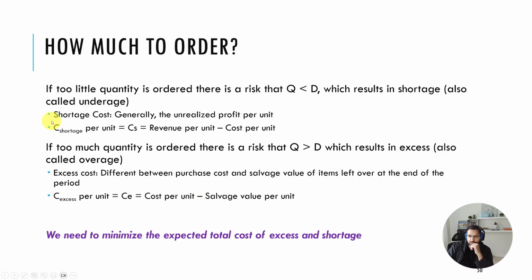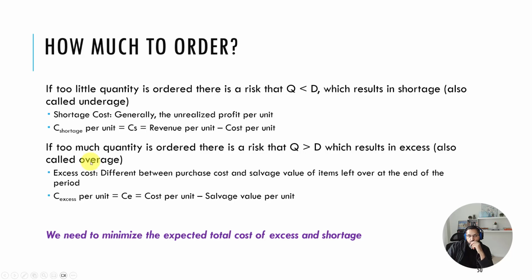But what we're going to study, the analysis, only works when the salvage value is less than the cost per unit. If you can still recover your cost and make some money, then the problem is a little bit different, because now you can still sell them outside the selling season for a profitable amount.